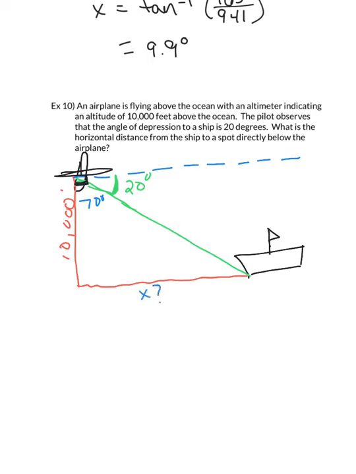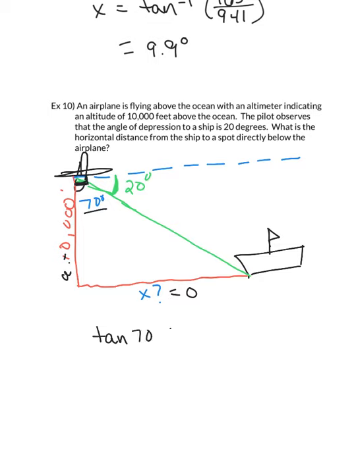So there's what we are looking for. If you look at the relationships that we have inside the triangle, the angle we're using is 70. The x is the opposite, and the 10,000 is the adjacent. So that means we need to do tangent.